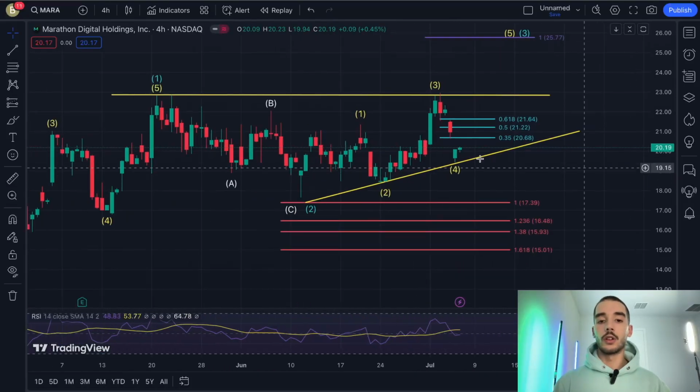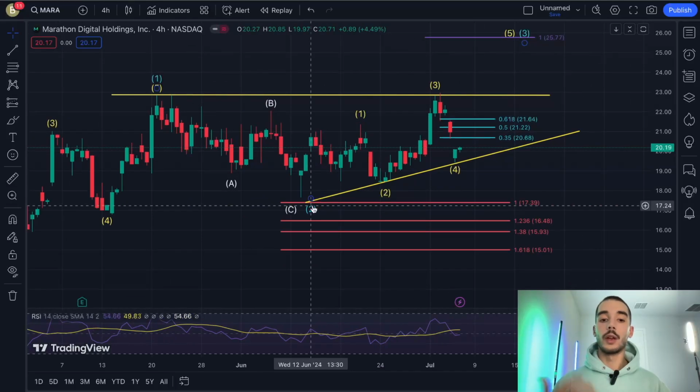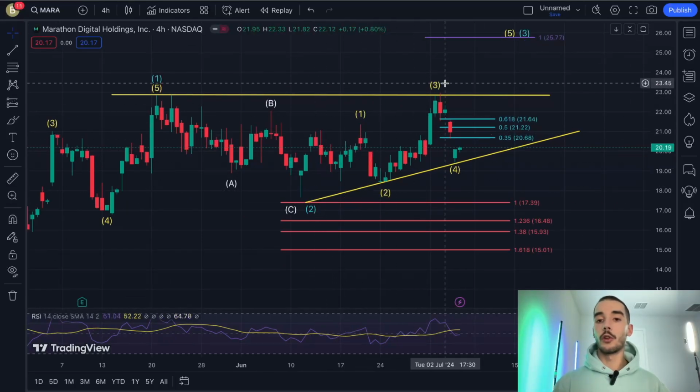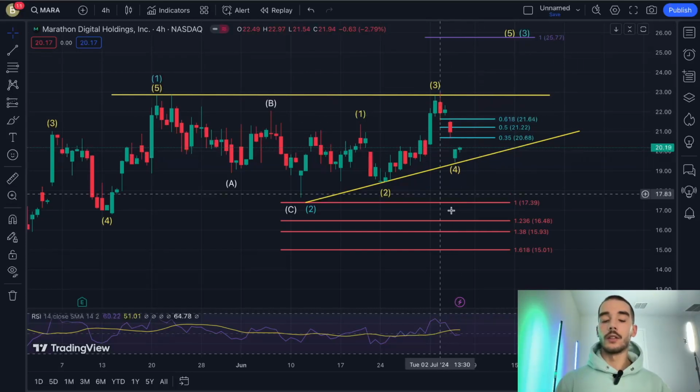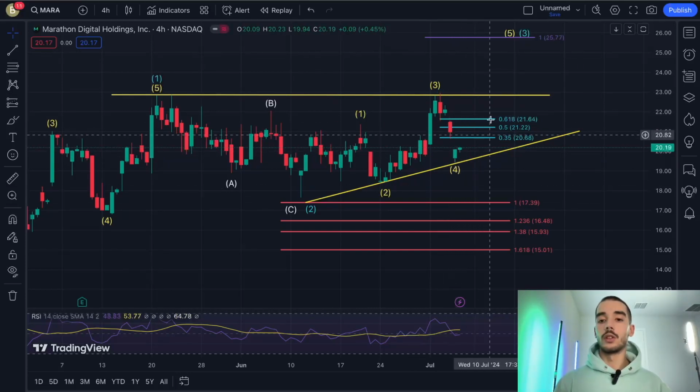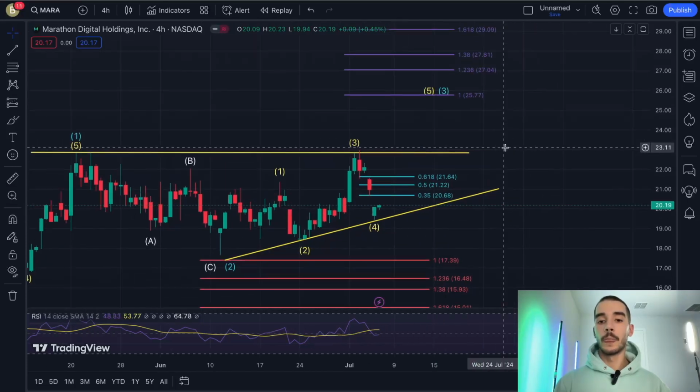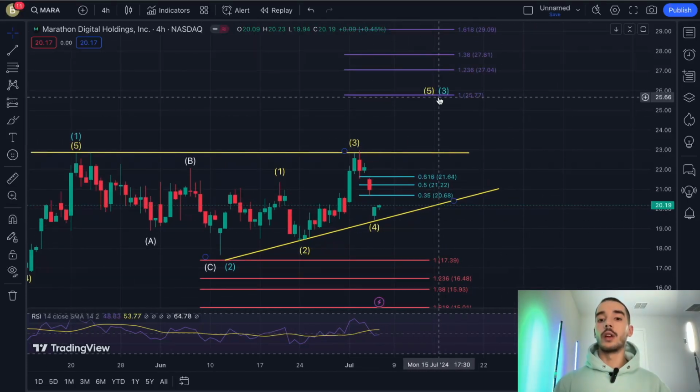But we currently have a first, second, third wave up, and we're currently working down the fourth wave as we continue consolidating inside this area to get up into the fifth wave, which will be a conservative third wave top.